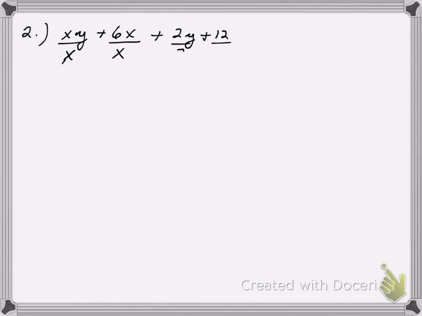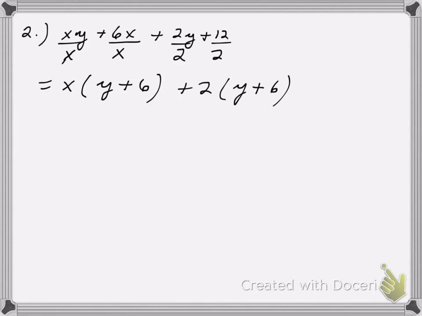The GCF would be 2. So you take the x out of the first group, you have y plus 6 left over. You take a 2 out of the second group. Once again, no surprise, because it's supposed to happen. You have y plus 6 in the second parentheses.